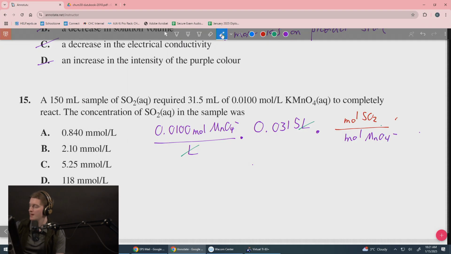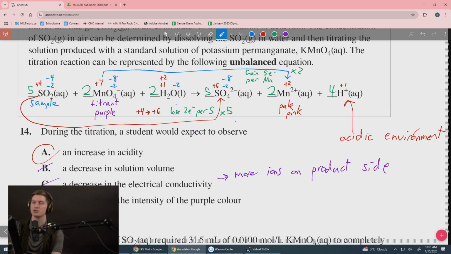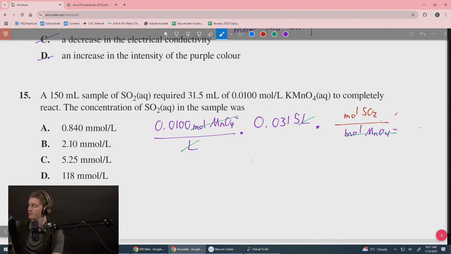Now you'll see that I have moles of permanganate in the denominator, moles of permanganate in the numerator, so those cancel out. The numbers I put for this ratio are the coefficients from my balanced chemical equation. That's why we had to balance this. It is a 5:2 ratio. 5 moles of sulfur dioxide for every 2 moles of permanganate.